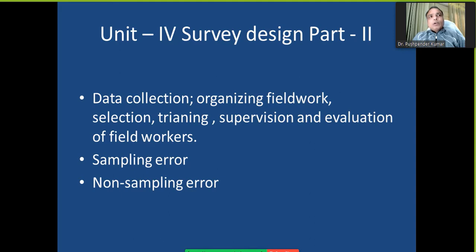So you have a thorough, rigorous selection process through advertisement and through interview. You select a few people and train them, because you cannot just hand over a questionnaire to a person and ask them to go to the respondent or the field and get it done.